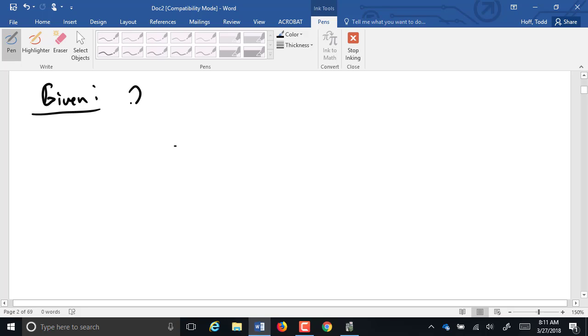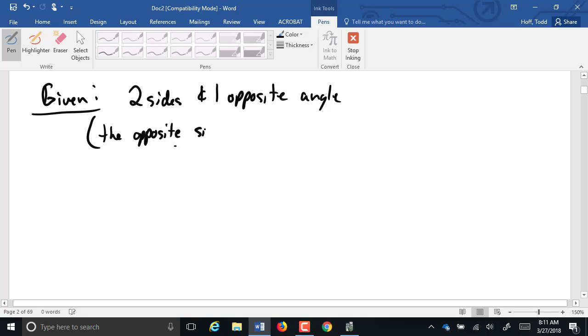Given two sides and one opposite angle, but here's the catch. The opposite side is the shorter side. Now, if I give you a picture, this isn't a problem.